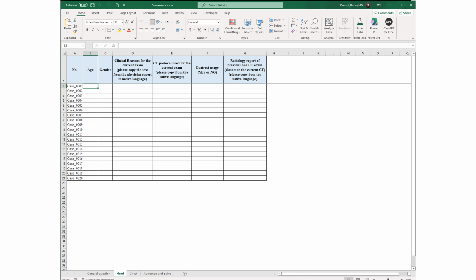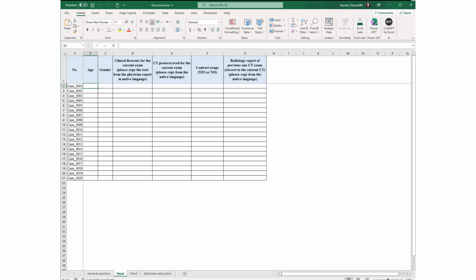The second most common question asked was, if a patient has a radiology report for a previous exam, and this exam is not related to the current clinical indication, can we include it? In this situation, there are two situations that you need to pay attention to because it is a bit confusing.